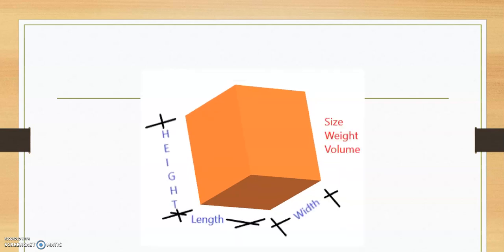Next, say for example, we have an object in the form of a cube. We all know that an object possesses different physical properties such as height, length, and width. Also, the size, weight, and volume are being considered. Again, these are just some of the physical properties of an object.